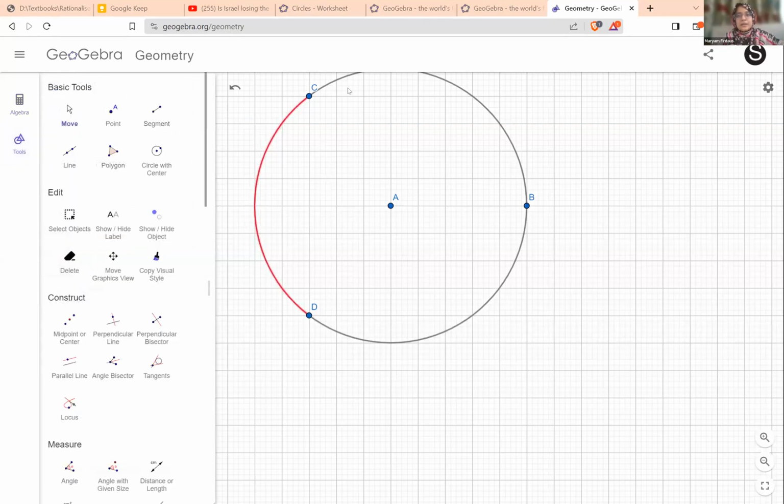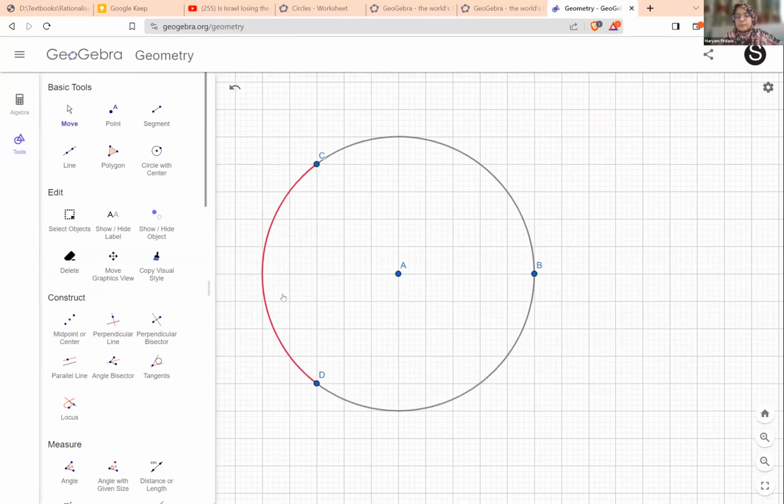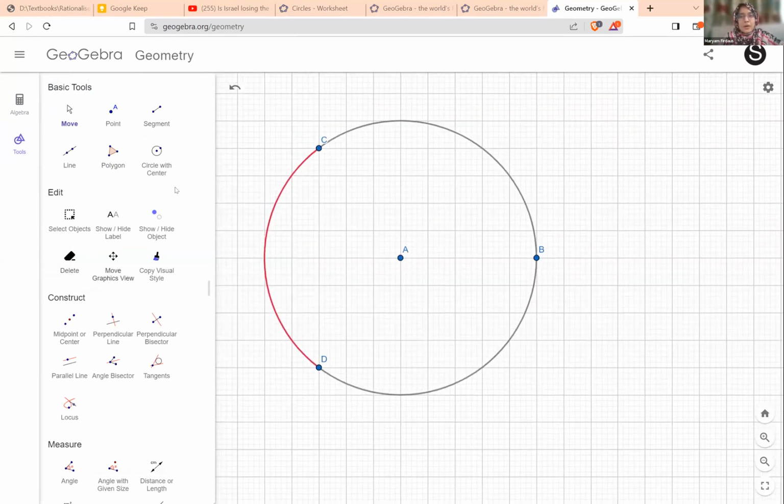Fine. You can see the arc. It's the red colored one. Yes, ma'am. Okay. Now this arc is going to subtend an angle at the center.